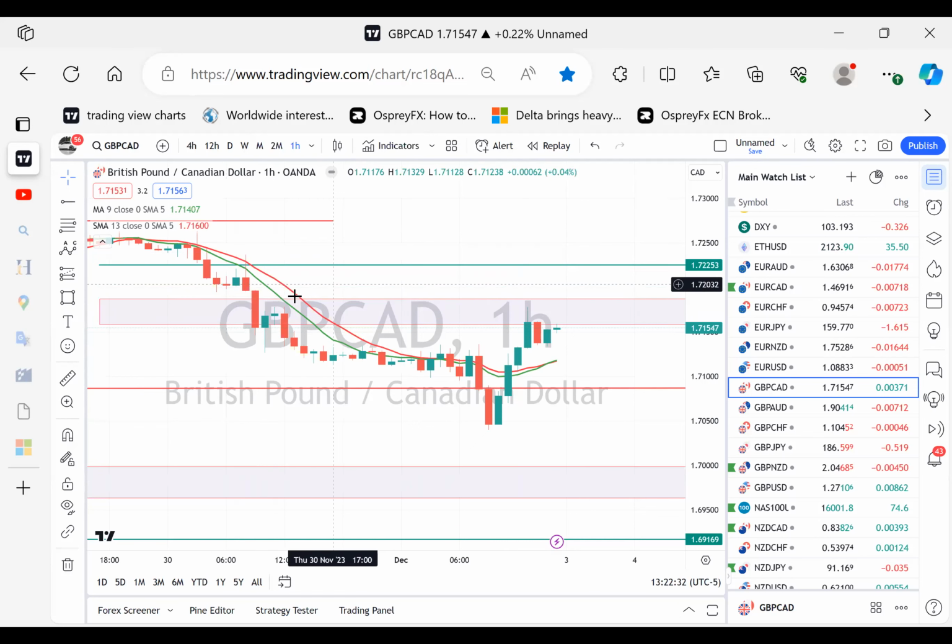So I would look for price to come up in here, and maybe your entry could be between 171.88 and 172.03. You would have to protect this swing high at 172.41. So I would wait for price to actually get into this area and give you a CHoCH.